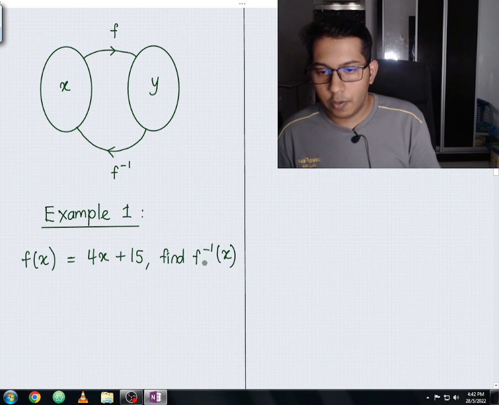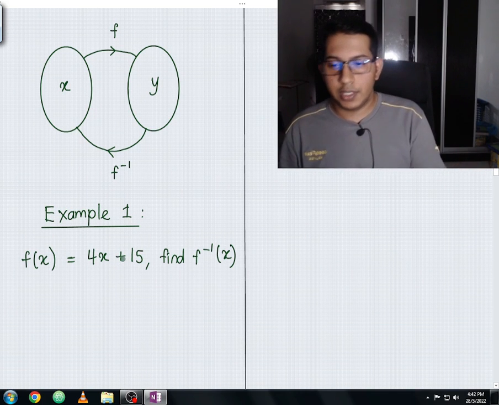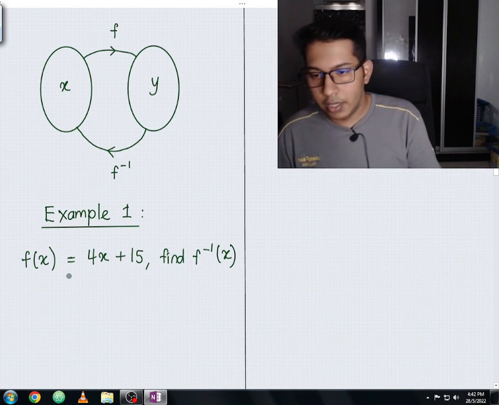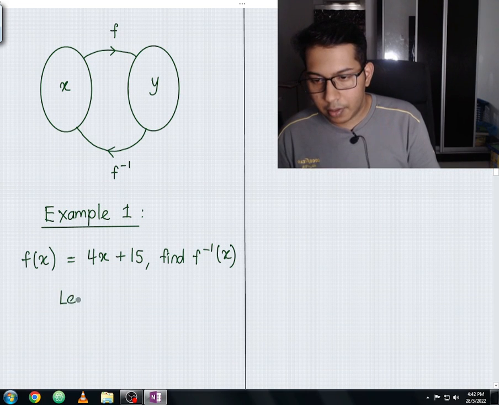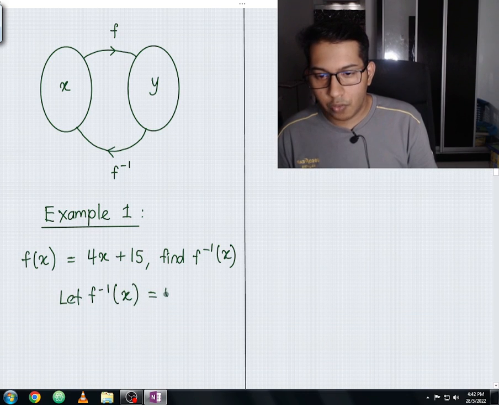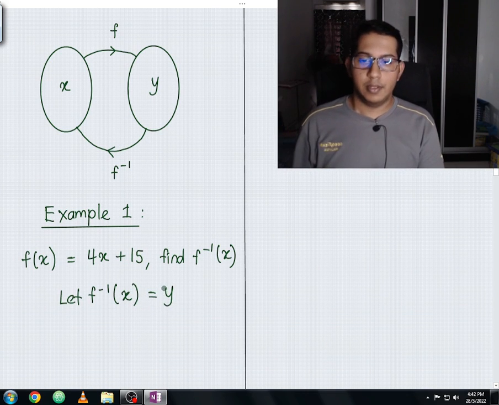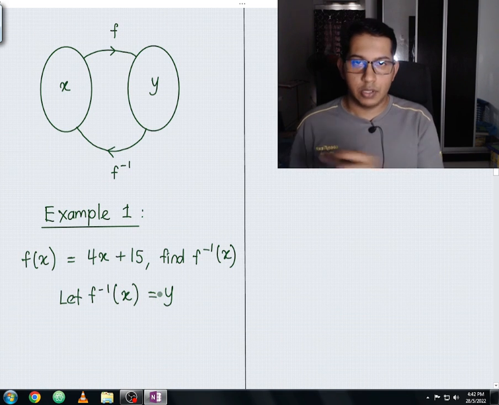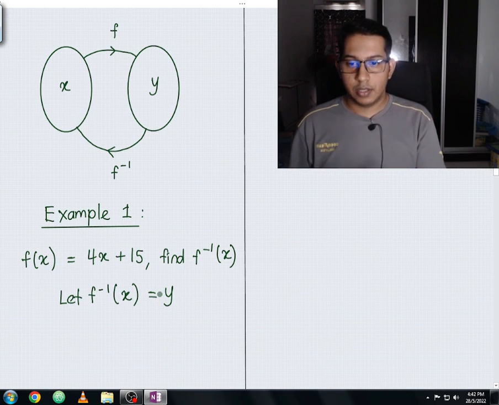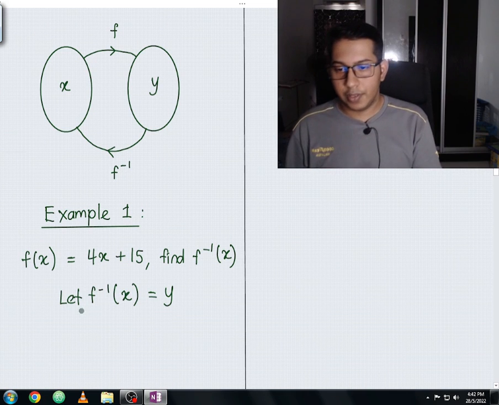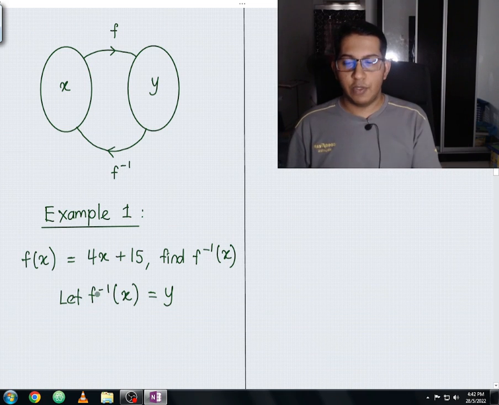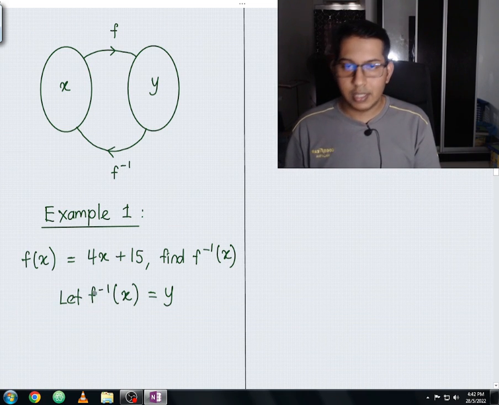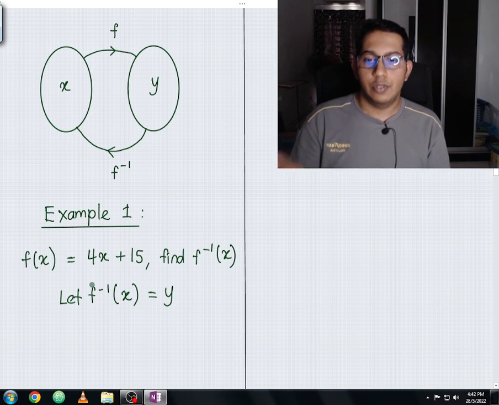So to convert to an inverse function, the first step is you let f inverse x equal to y. So your f inverse x will be equal to y. This will be your first step. For your next step, you are going to move this inverse from the left hand side to the right hand side.